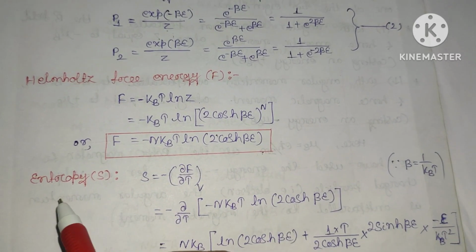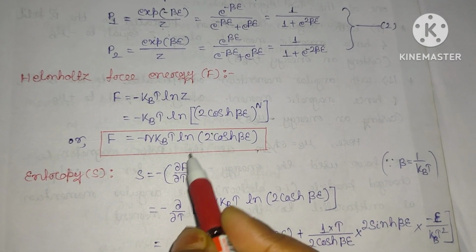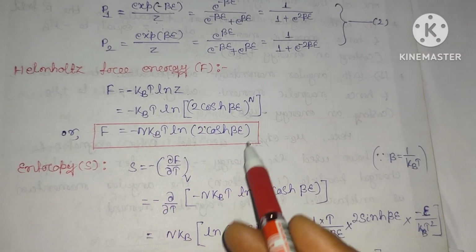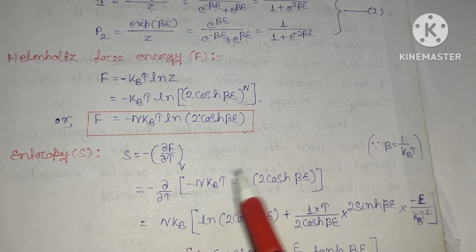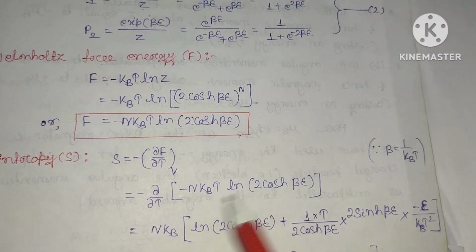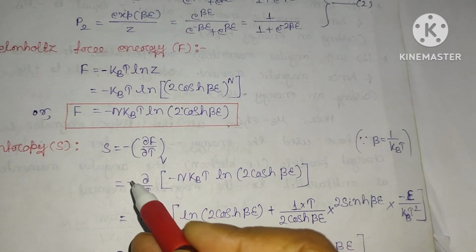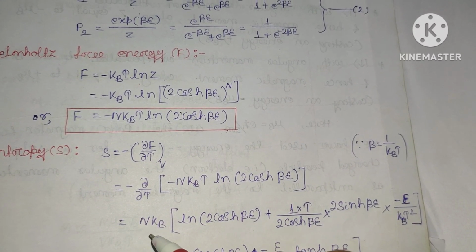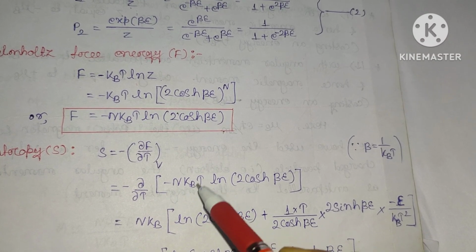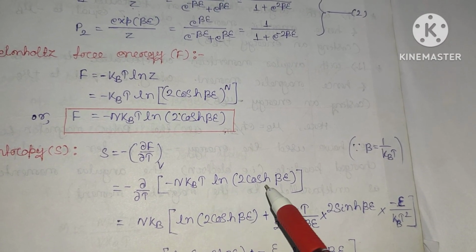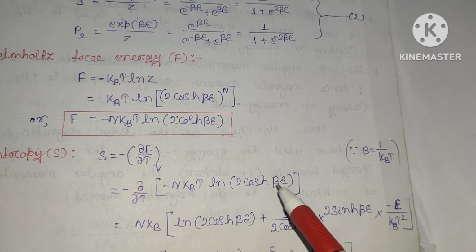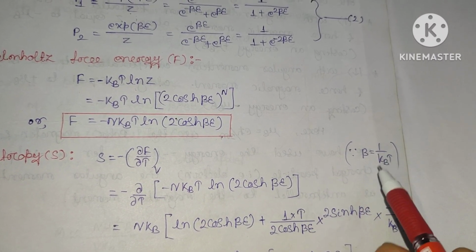Now you can calculate the entropy, that is minus dou F by dou T at constant V. Taking the derivative with respect to the temperature we will get minus dou by dou T of this. Here minus minus becomes plus, taking nk common this will be ln 2 cos h beta epsilon plus, again, beta depends on temperature, that is 1 by kT.